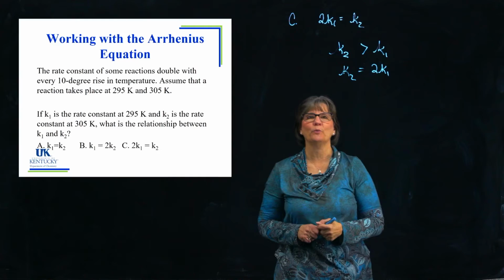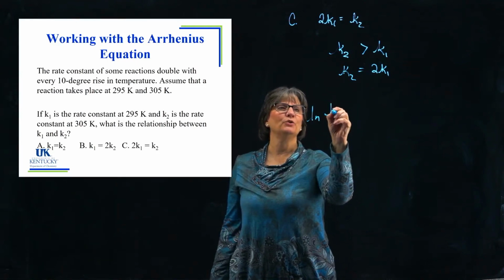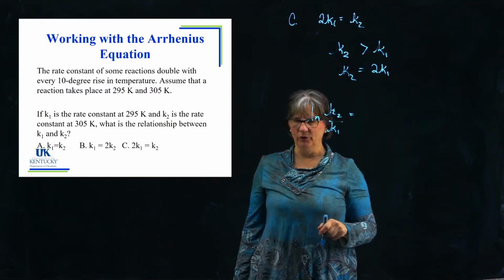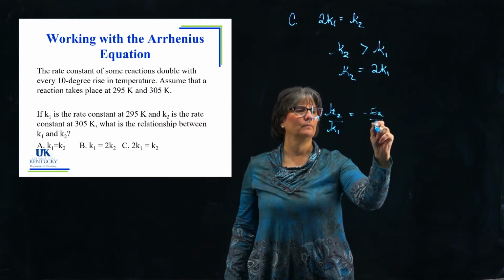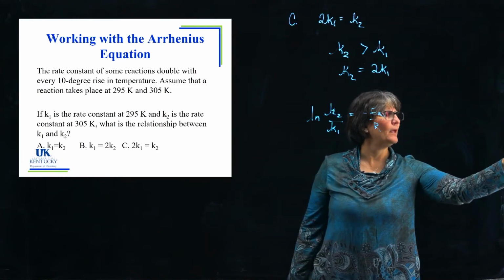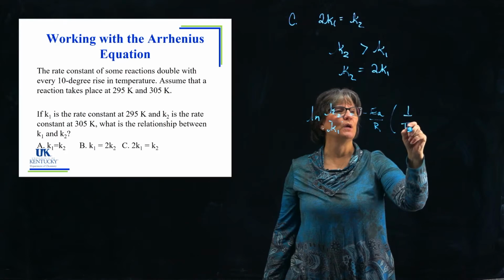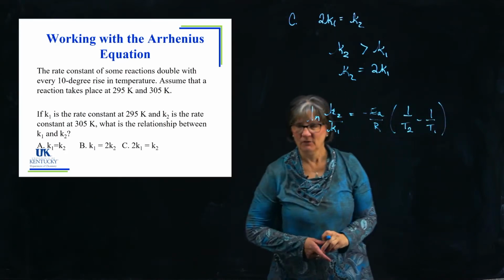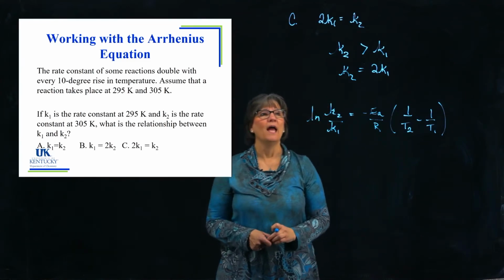All right, so let's pull out the Arrhenius equation. Natural log of K2 over K1 is equal to negative E sub A over R, okay? And then we've got our T part: 1 over T2 minus 1 over T1. So that's a matter of plugging in what we know and solving for what we don't know.